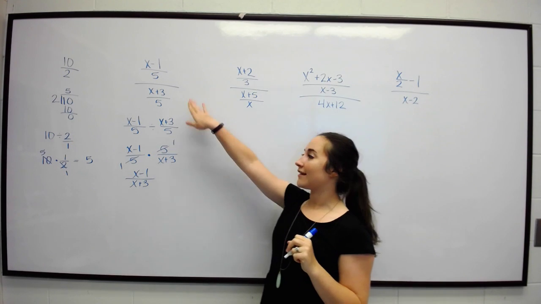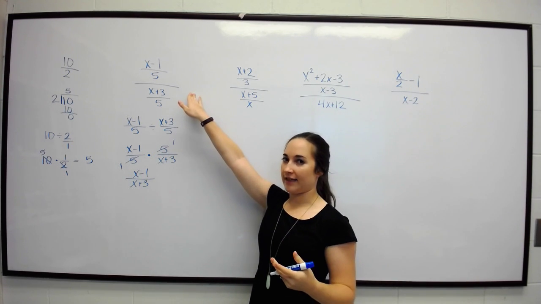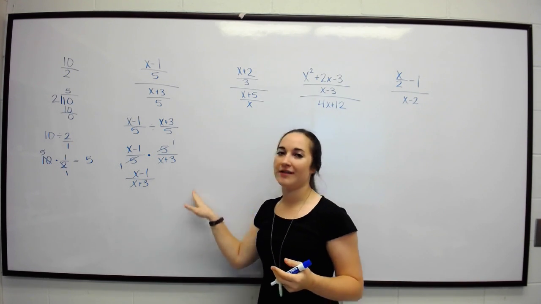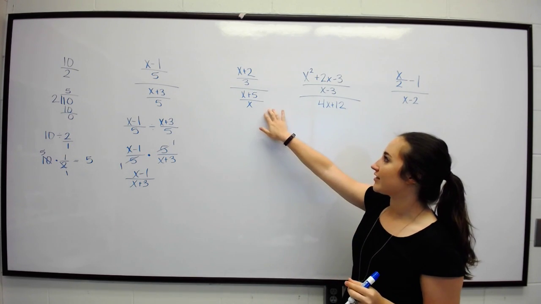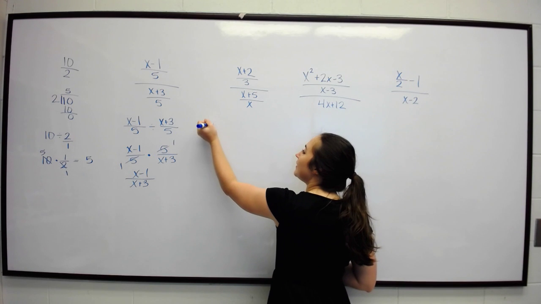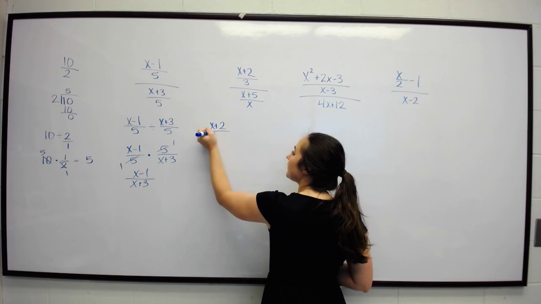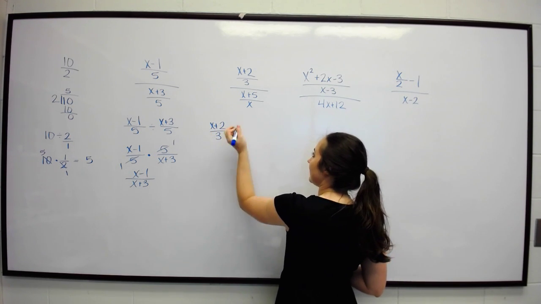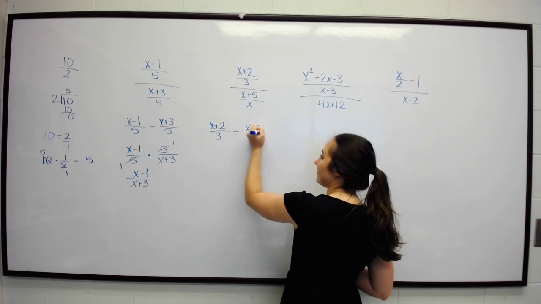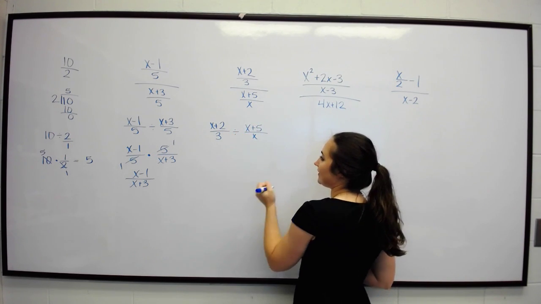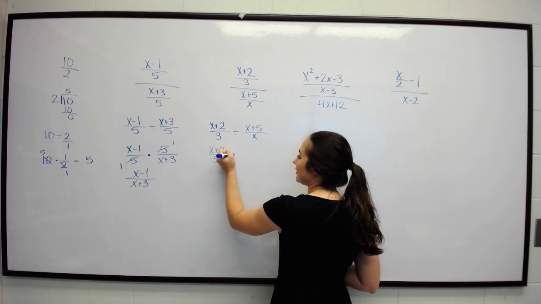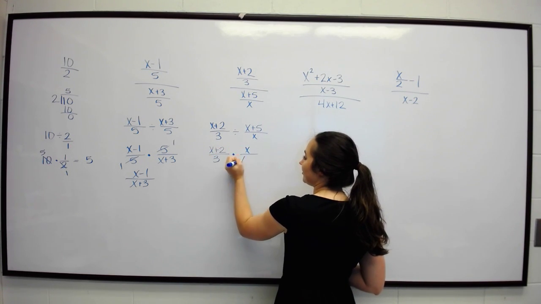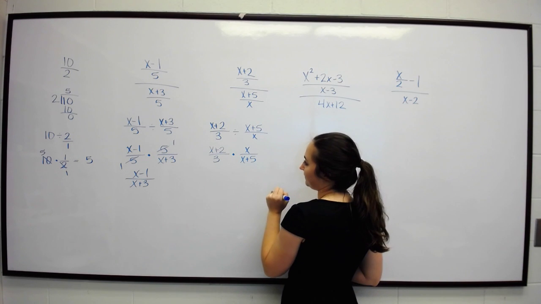So what looked like a complicated problem was really not that bad if we just remembered a little bit about multiplying and dividing with fractions. Let's look at this one here. Same thing. We have x plus 2 over 3 divided by x plus 5 over x. We're going to keep the first term the same, change the sign to multiplication, and take the reciprocal of the second term.